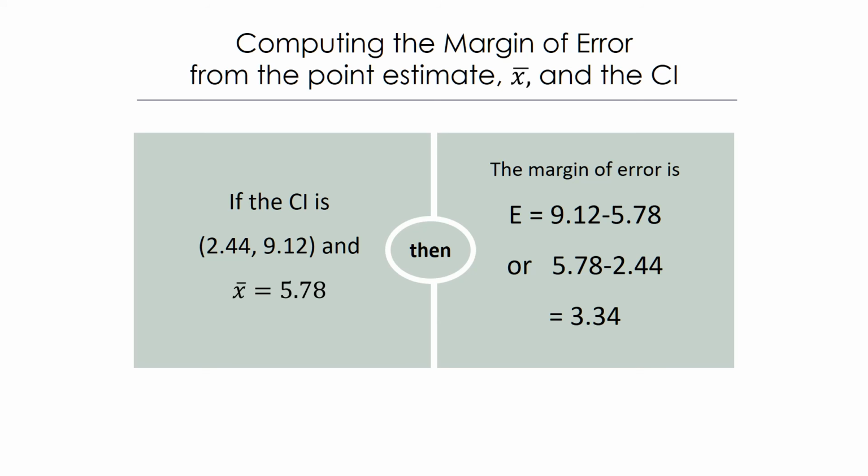So if the confidence interval is 2.44 to 9.12 and x bar is 5.78, then the margin of error is either 9.12 minus 5.78 or 5.78 minus 2.44, both of which come out to 3.34.